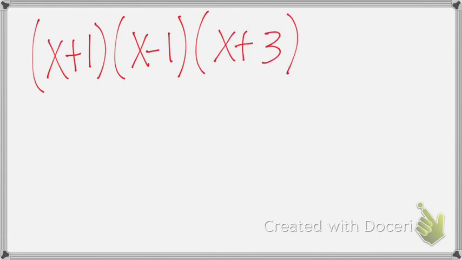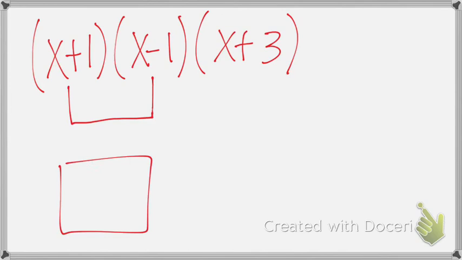What I want you to do right now is multiply the first two and then stop. Just normal. Pretend the third one's not even there. Just do the first two. When you do the first two, you've got an x plus 1 and an x minus 1.